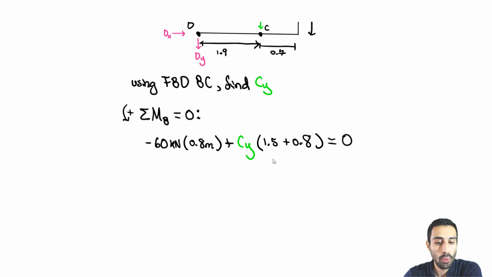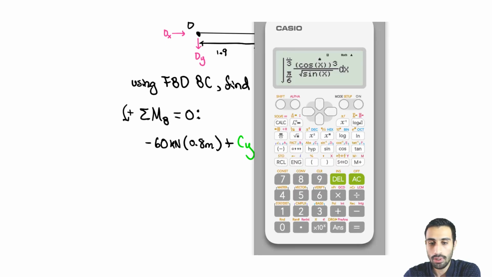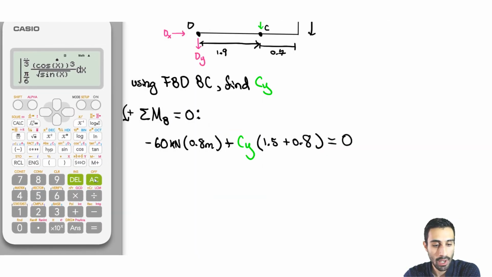So now we have one equation, one unknown. Let me do the math with you here. Let me use my Casio. So I'm going to do all clear. What we will do is the 60 times 0.8. I'm going to move that to the right side, so it's going to become positive. So we say 60 times the 0.8, and that's going to be that.